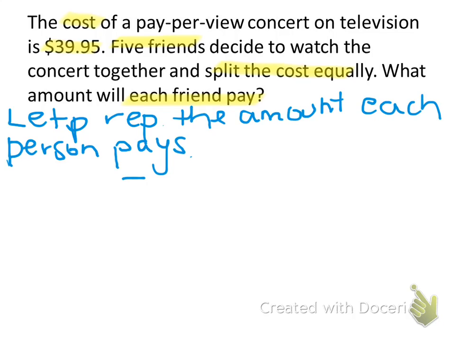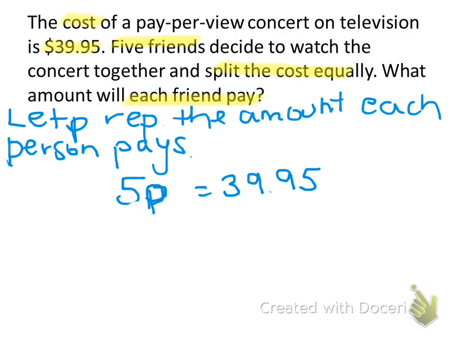My equation is going to be 5P equals $39.95. And remember, because I didn't put a times sign in here, you don't need one in there. You're just going to write it as a number and variable beside each other, or if you'd like to, you could put a little dot.